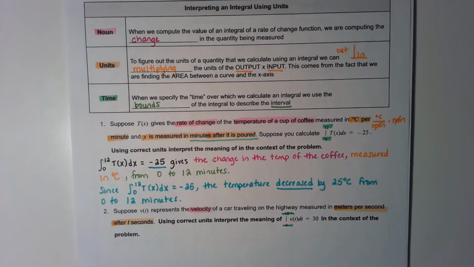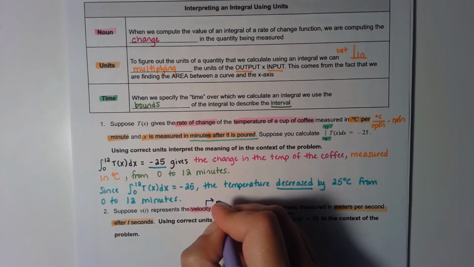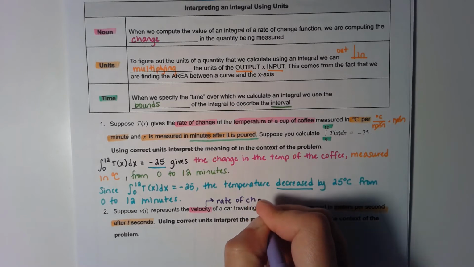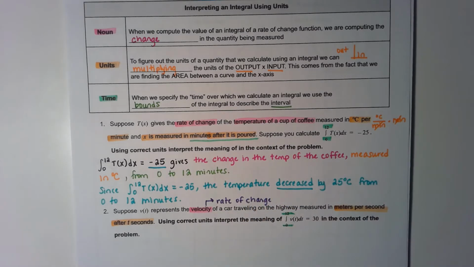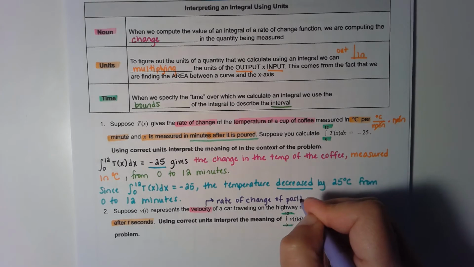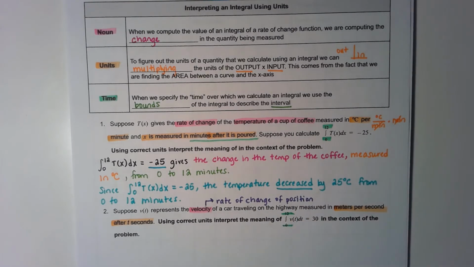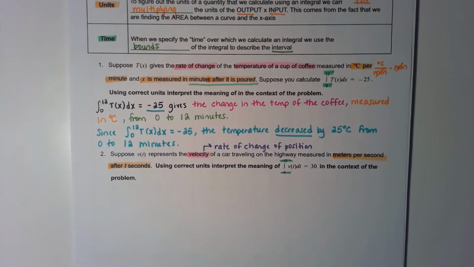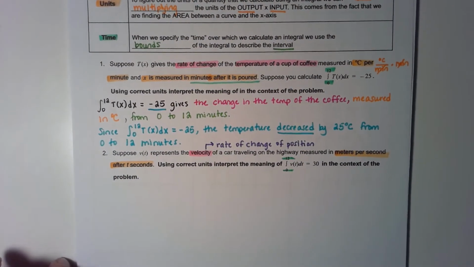to 12. One thing that's really important to note here is that velocity is the rate of change, so it's the how fast of position. It's the rate of change of position. So that means that when we find the integral of velocity, we are finding the change in position.